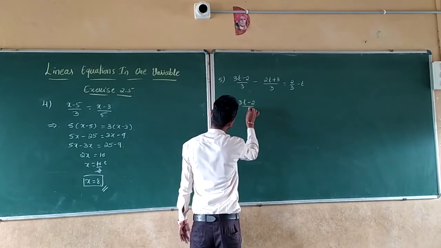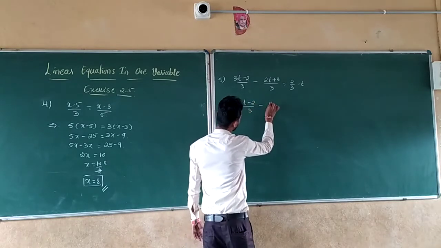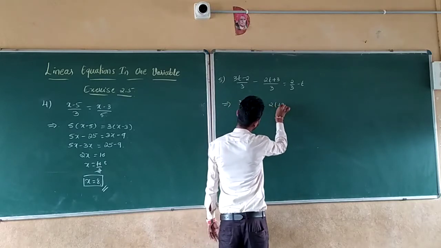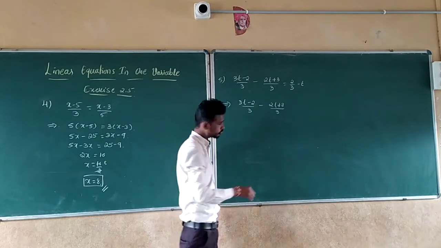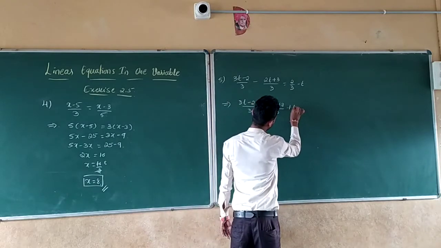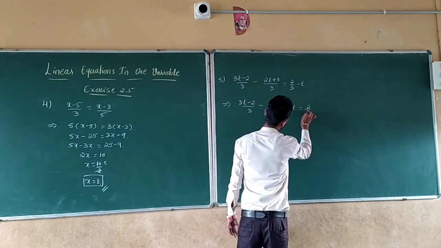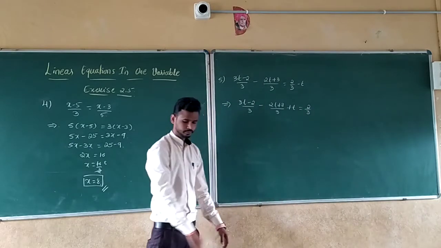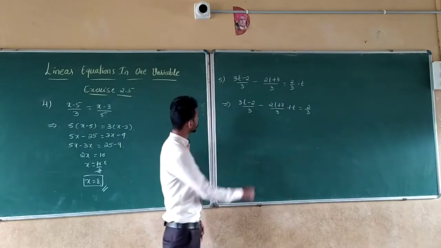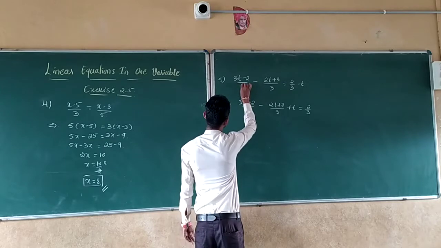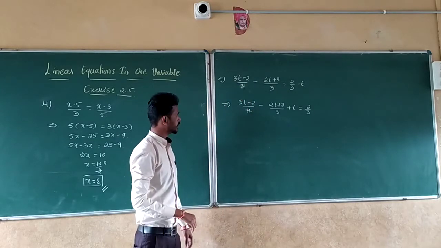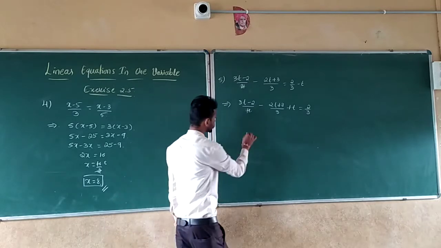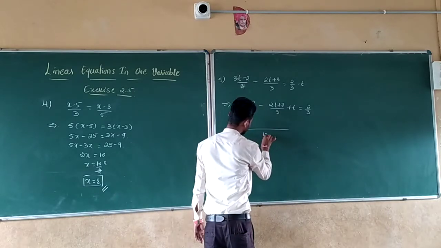(3t minus 2) divided by 3 minus (2t plus 3) divided by 3. So minus t will become plus t, which is equals to 2 by 3. So this one is 4, not 3. Now what is the LCM of 4 and 3? 12.